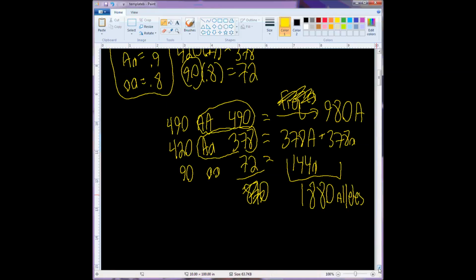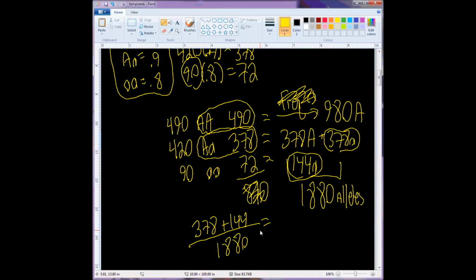Okay, now we can calculate the frequency of little a. So we have to add this one right here, 378 little a's from the heterozygotes, 144 little a's from the homozygote little a's. So 378 plus 144 divided by the total number of alleles.